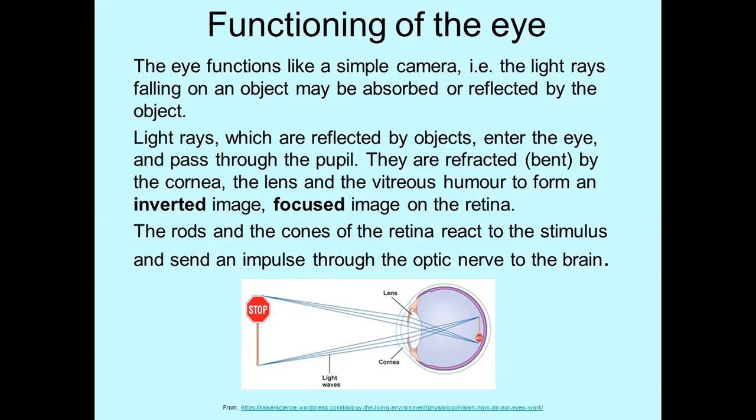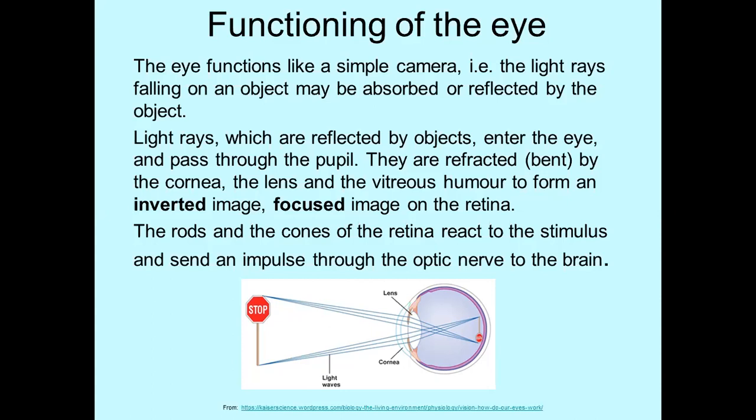Those light rays, which are reflected by the object, enter the eye and pass through the pupil. So if I am looking at that apple in front of me, the light rays that are reflected by the apple enter my eye. They pass through the pupil. Because the cornea is bent, those light rays are refracted by the cornea. They are also refracted by the lens, which is also, remember, biconvex.